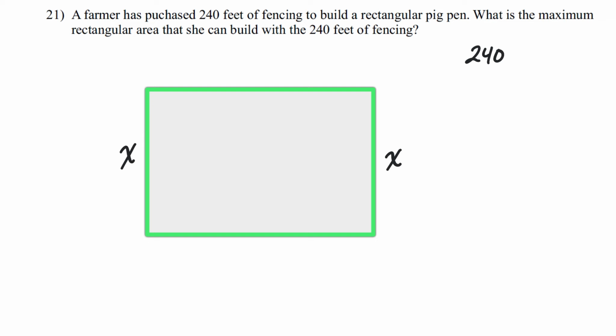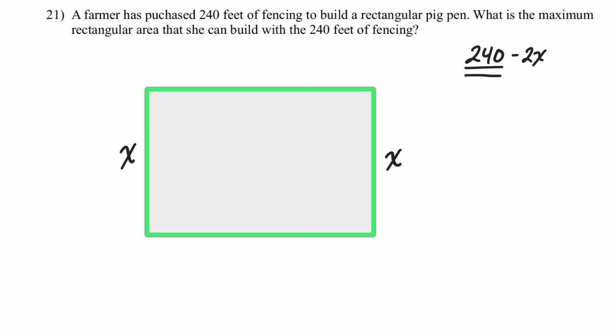Because remember, we have 240 feet of fencing, which means we've used all of the stuff for the sides. So the remaining fencing is the 240 fence minus those 2 x's that we don't know. We've got 2 of them, so we have to subtract that away from the fence that we've already used.